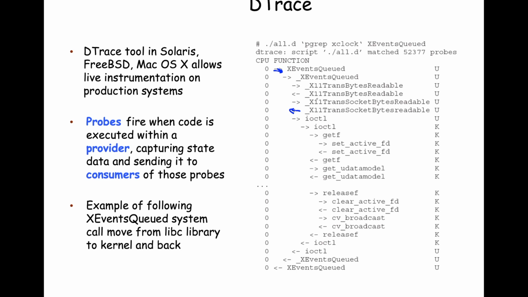X11 is a version of X Windows. IO control, so you're looking at file descriptors, you're calling getF, and it shows you literally a listing of the trace of all the functions that were called, starting from a particular event. This was immensely useful for debugging. In particular, as your system grows more complex, it's nice to actually have a visualization of what's happening in your system.